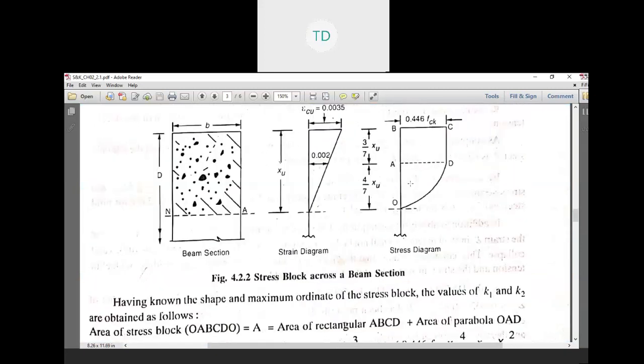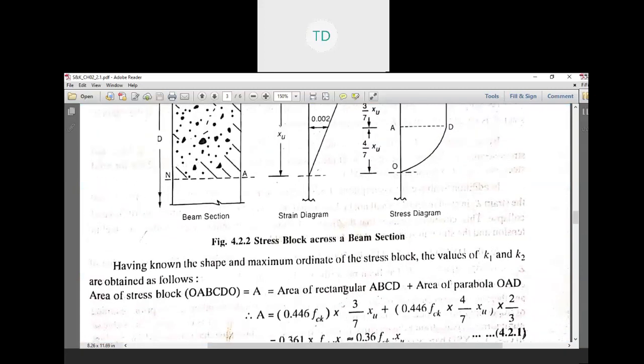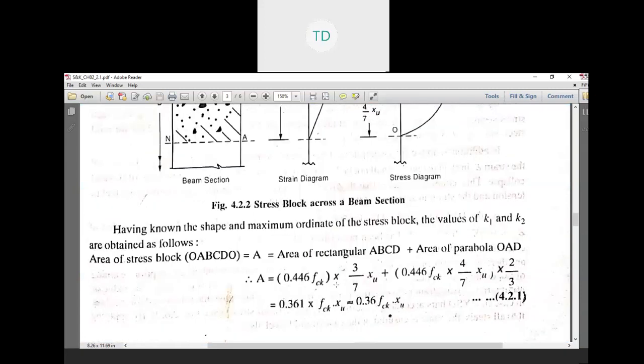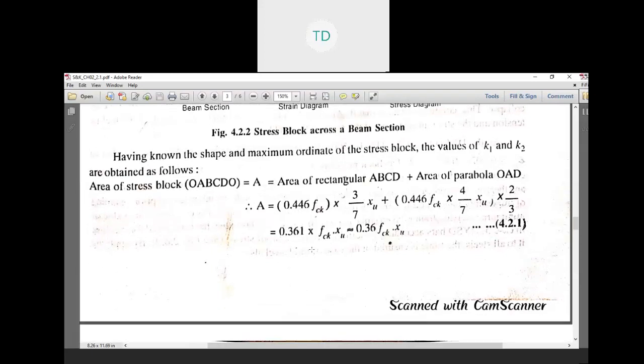It is divided into two parts as we did in mechanics of solids, and the other area OAD for the parabola. A is equal to 0.446 fck into 3 by 7 into XU, which we already considered, plus 0.446 fck into 4 by 7 into XU into 2 by 3. That is 0.361 fck XU, which is 0.36 fck into XU.